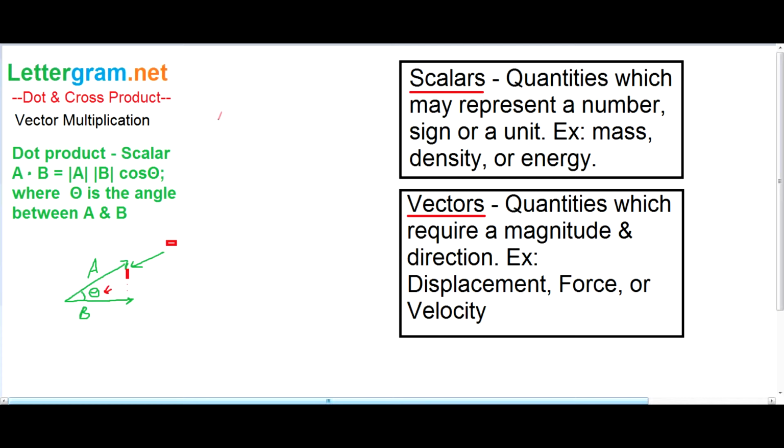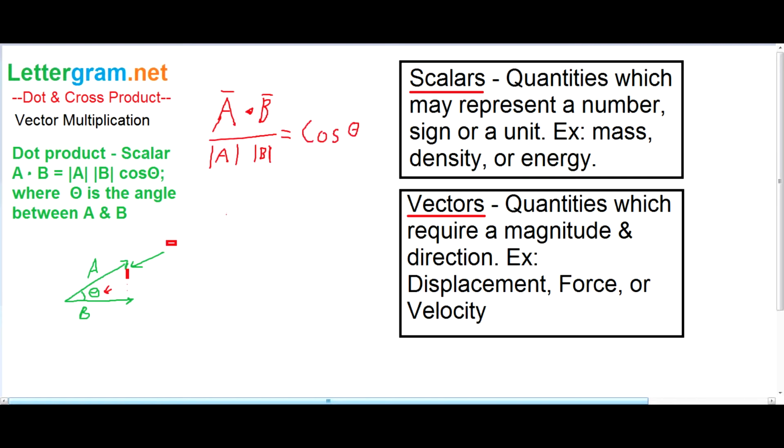Now if we decide to take the theta between a and b, what we will do is take the vector a dot vector b divided by the magnitude of a times the magnitude of b, which are both scalar values, and that'll equal cosine theta.